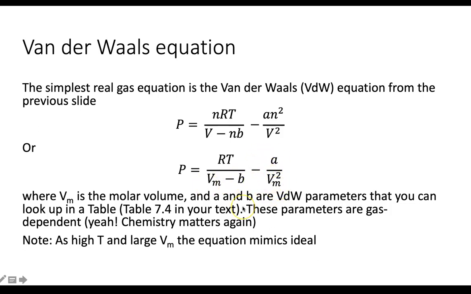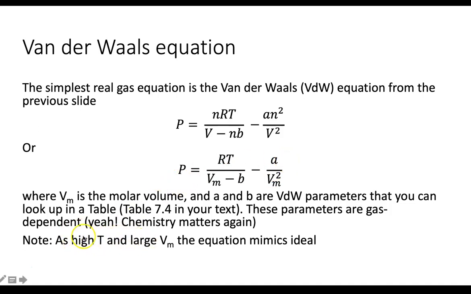A and B are the van der Waals parameters, and you can either determine them by making lots of pressure, volume, temperature measurements, which of course we're not going to do, or you can look them up in a table. The nice thing at this point, as opposed to the ideal gas equation, is that these parameters are gas dependent. So now we're acting like chemists again. Nitrogen is different than oxygen. We all know that, but now we have that reflected in our gas equation.